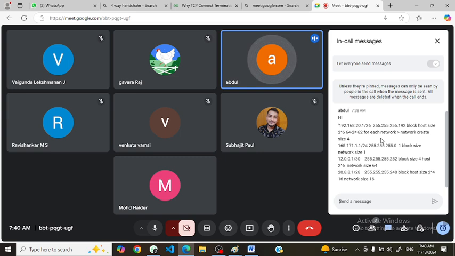Sorry, it pasted in the last line, block size is 4. Is it not right? 2 to the power of 4, the 4 bits, right?